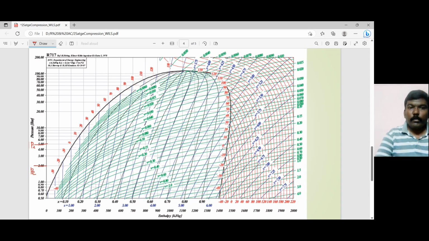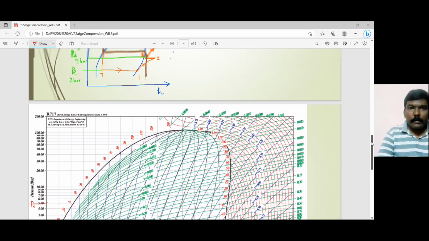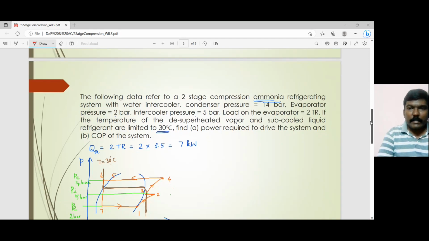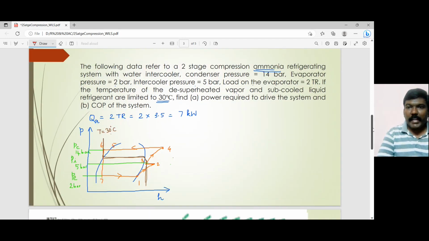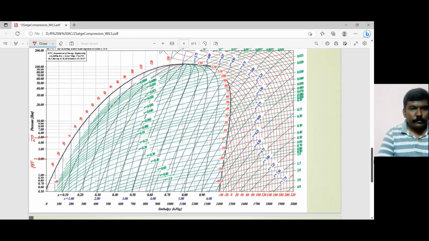And what was the other value? 12 bar or 14 bar? The other value is 14 bar. 2, 5, and 14. So this could be 15, so 14 is somewhere below it. So let me say this is my 14 bar. Okay, 14 bar is my condenser pressure.